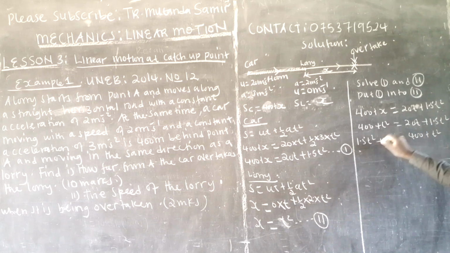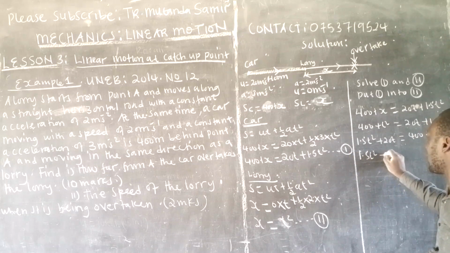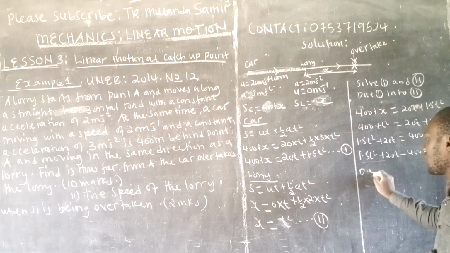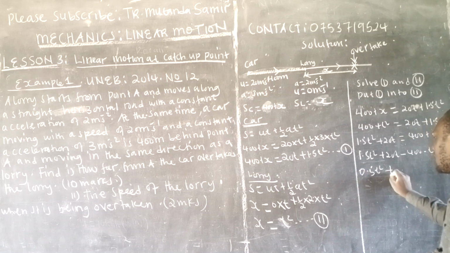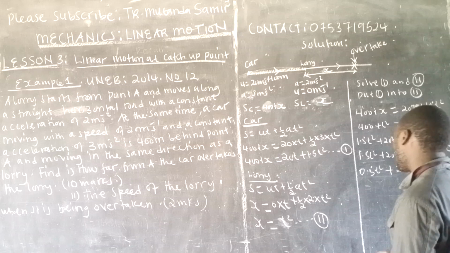So let all of them come this side. We shall have 1.5t squared plus 20t minus 400 minus t squared is equal to 0. Now 1.5t squared minus t squared will give us 0.5t squared plus 20t minus 400 equals 0. From there, you go straight away to the formula.